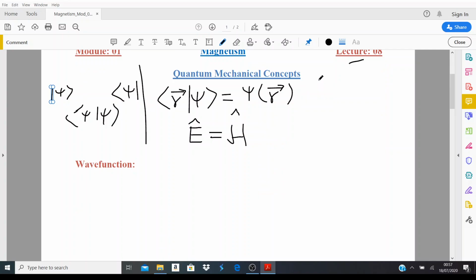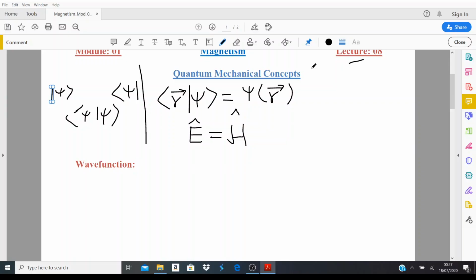And in the last lecture, I also mentioned a number of operators that will be encountered in the magnetic discussion, like the position operator, the momentum operator, the potential energy operator, the kinetic energy operator, and the angular momentum operator.